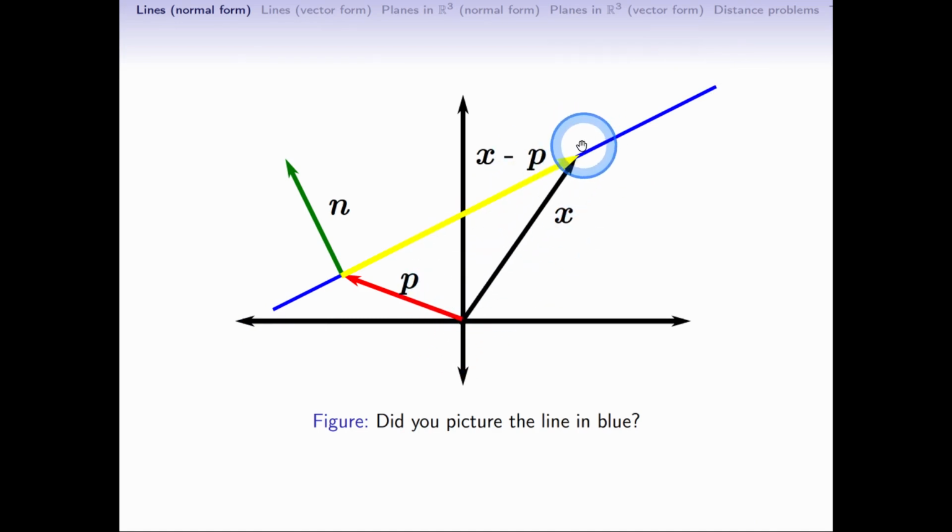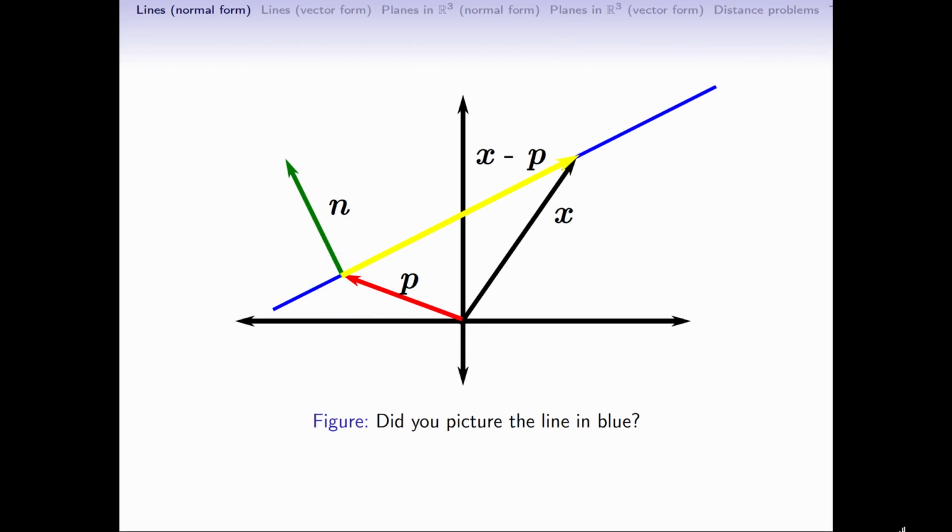X minus p is this yellow vector. The yellow vector is orthogonal to the normal vector, the green vector. And since it's orthogonal, we're going to keep that value. And if we could look at all the vectors x that we've kept, they're going to trace out this blue line. So we can think of that blue line as the line that's created from these 2 pieces of data, the vector p and this normal vector n.